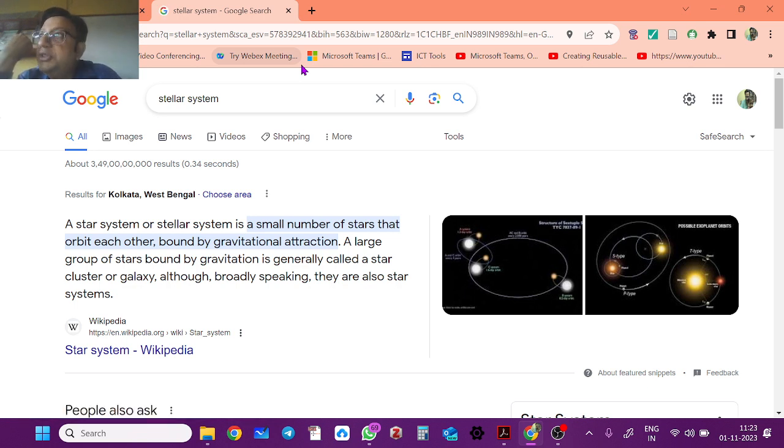Constellation. Have you heard about constellation? So what is a constellation? It is a number of stars that orbit each other. You see lots of stars in a fixed pattern. So when you take a cross section of a plant, you see something like that, and that is known as a stellar system. Right?